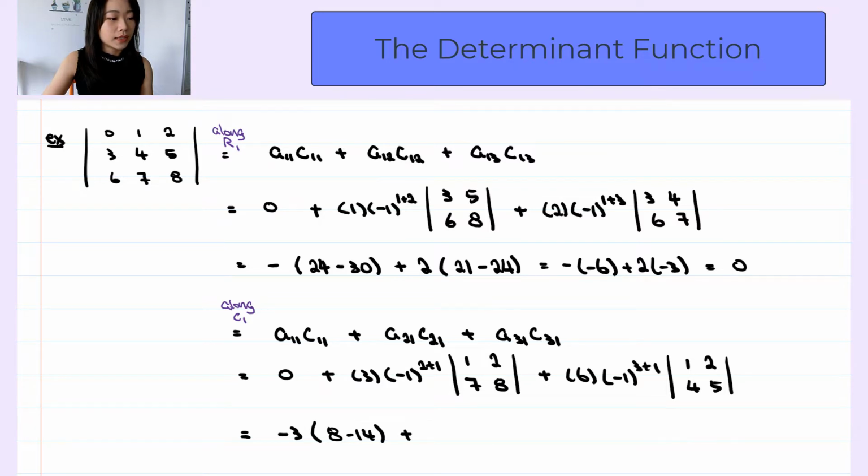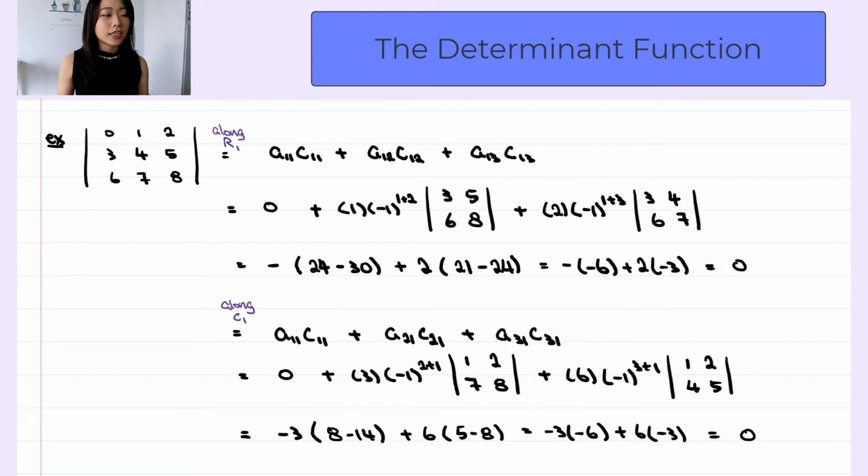Then plus 6 times the determinant, 5 minus 8, which equals negative 3 times negative 6 plus 6 times negative 3. So we have 18 minus 18, and we get the same answer. The determinant of this matrix is 0.